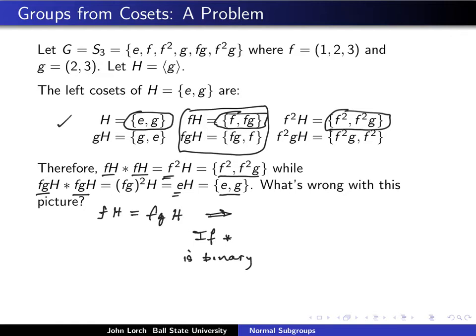That means that when we take FH times FH, we would need that to be equal to FGH times FGH.